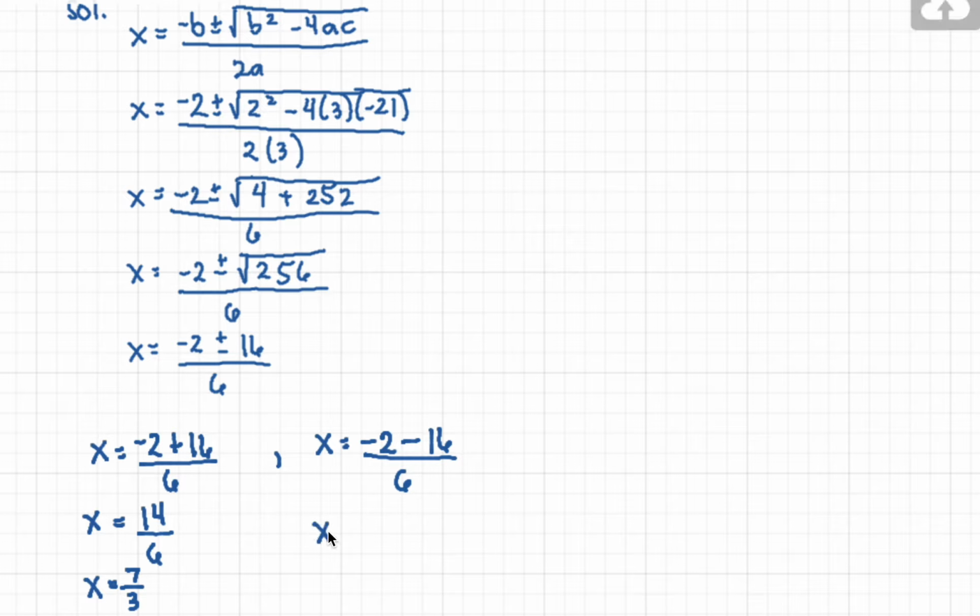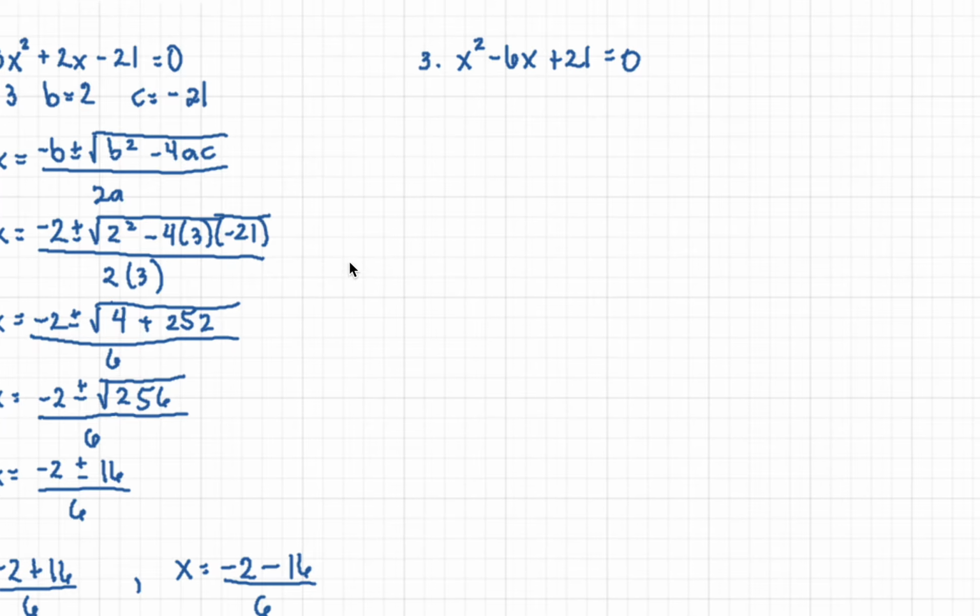Tapos, yun sa kabila naman, x is equal to negative 2 minus 16 is negative 18 over 6. So, we'll have x is equal to negative 3. So, the roots of this equation are 7 over 3 and negative 3.